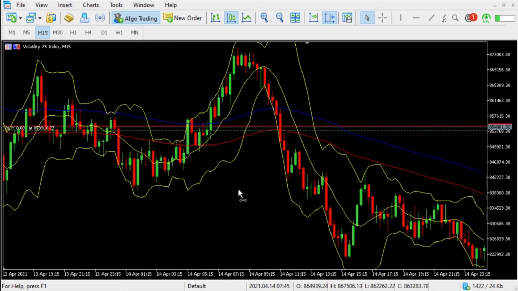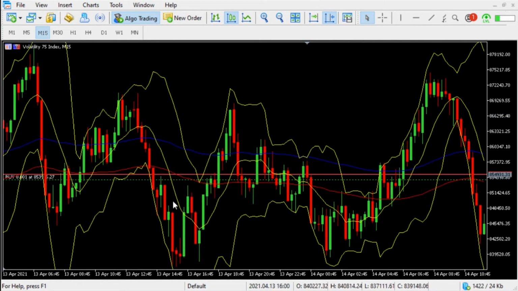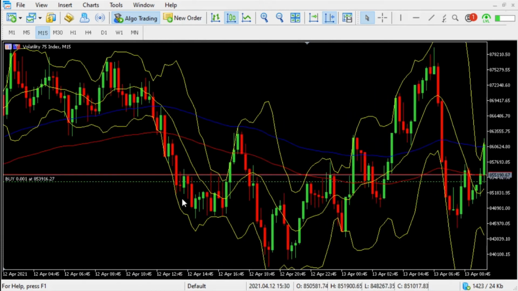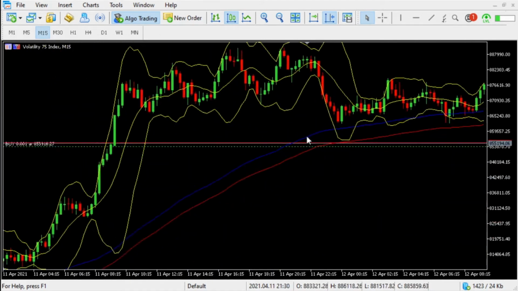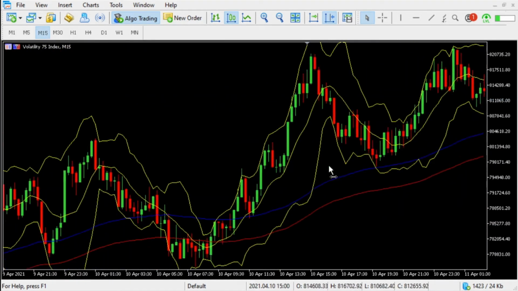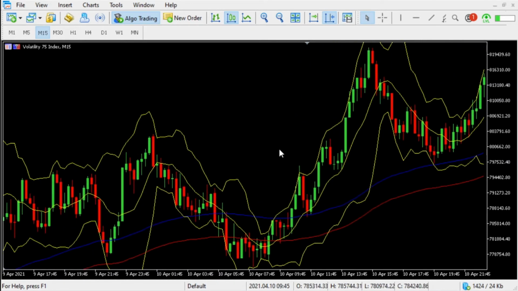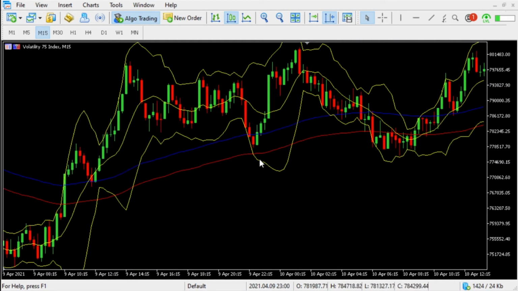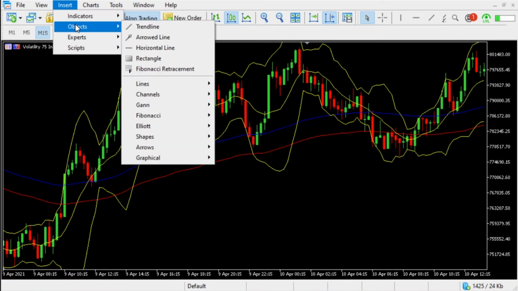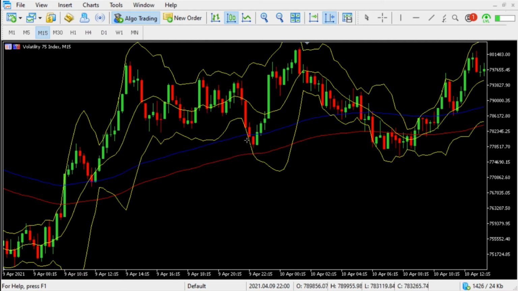I'm going on the 15-minute chart, which is where I had most of my good trades on VIX. Okay, so let's look here. So this would be an area for me to look for a buy, around here.